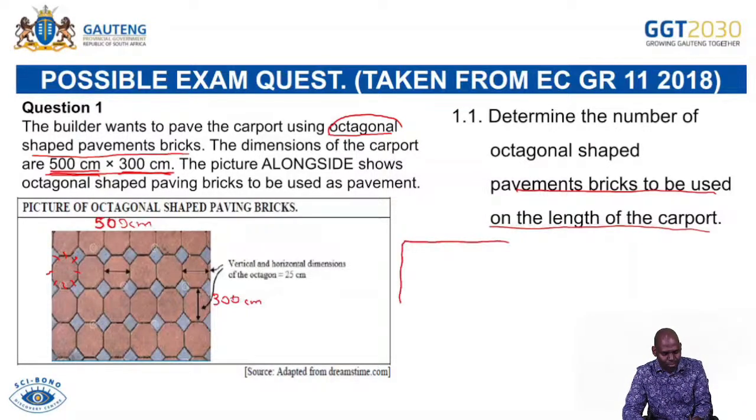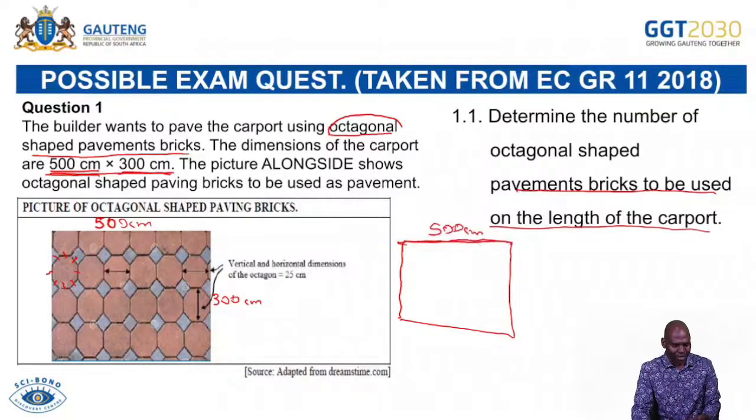If I have to redraw this, let me put it like this. This is 500 centimeters, that is for the longer side. And then now I want to know this.